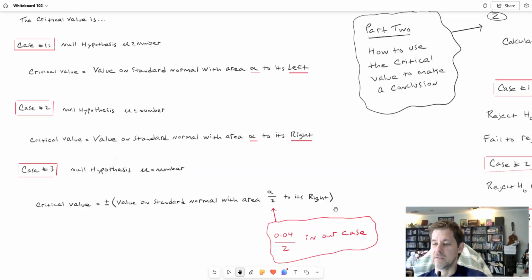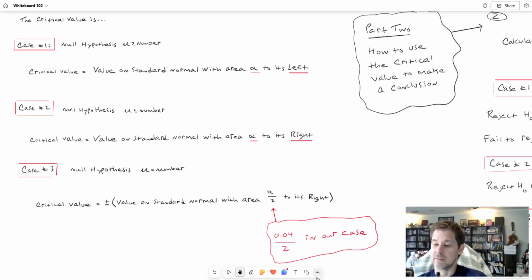Now, in our case, alpha was given to be 0.04. Every hypothesis testing situation has that number. So alpha 0.04 divided by 2 is 0.02. That's what that number is. I need to find the value on the standard normal curve with an area of 0.02 to its right.